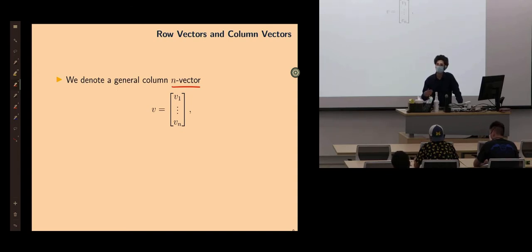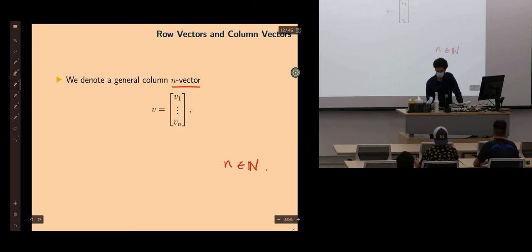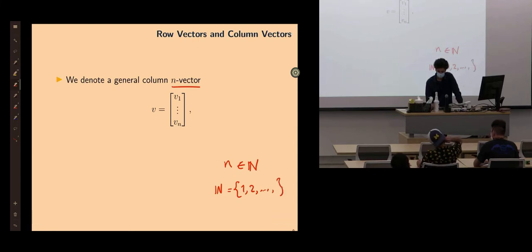If we want to make a general statement, maybe we want to leave the actual size out, and n can be any natural number. 1, 2, right? So a column n vector has n entries.